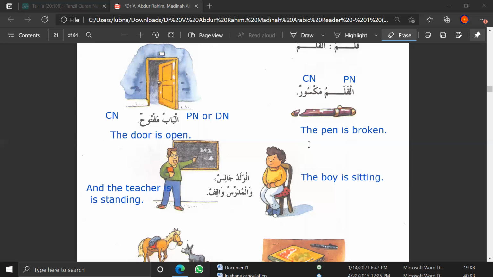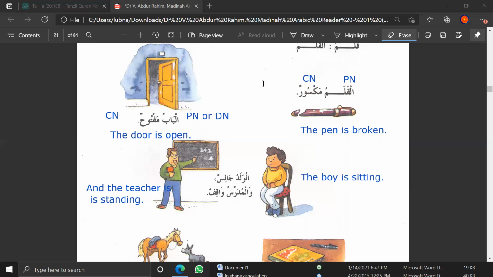Okay. So on this part of the page, we learn that with the combination of a proper noun and a common noun, the sentence becomes complete, and "is" is there in the translation. The pen is broken.